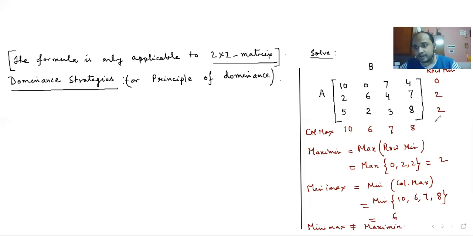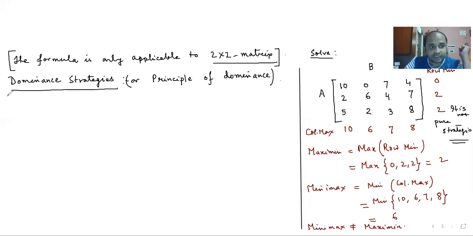The revelation is that it is not pure strategic, but also this game is not a 2 by 2 game. If it were a 2 by 2 game, we could have used the formula, but it is not. So here come the dominant strategies.